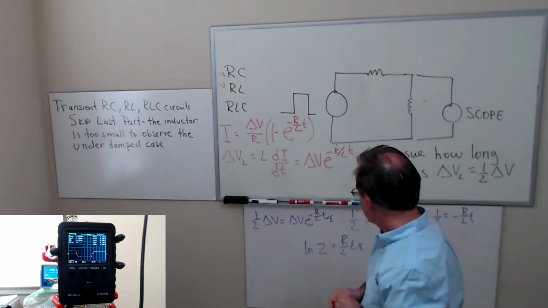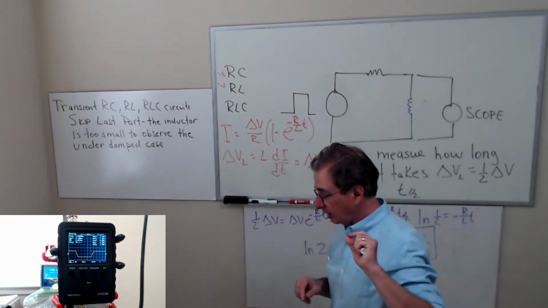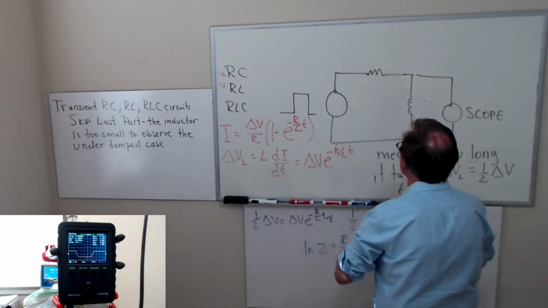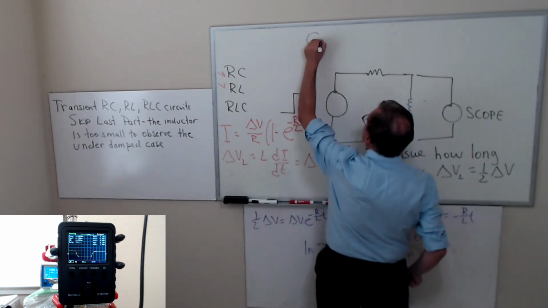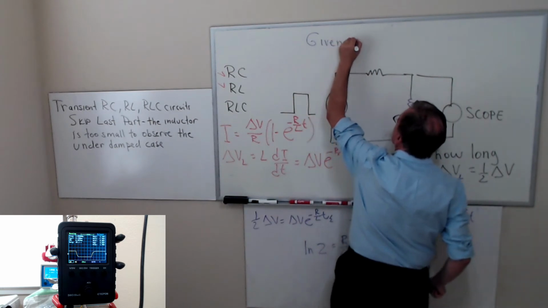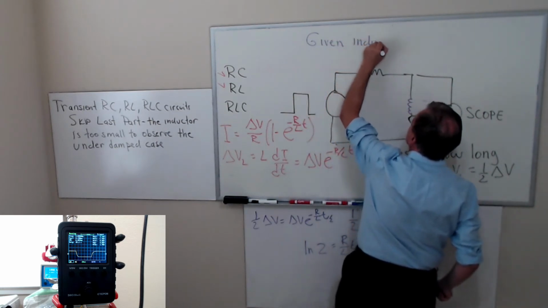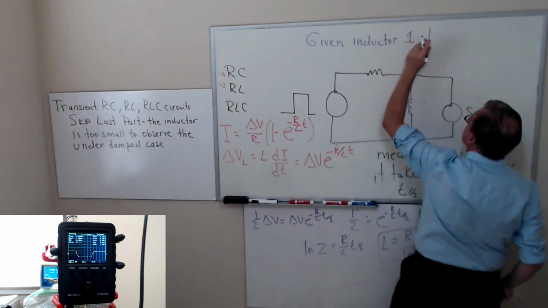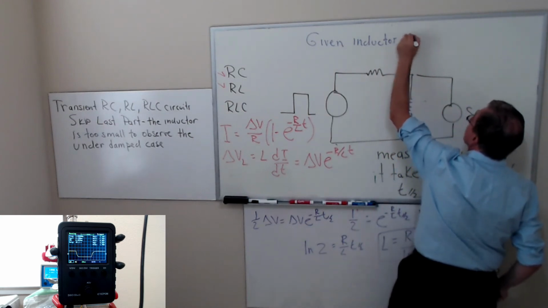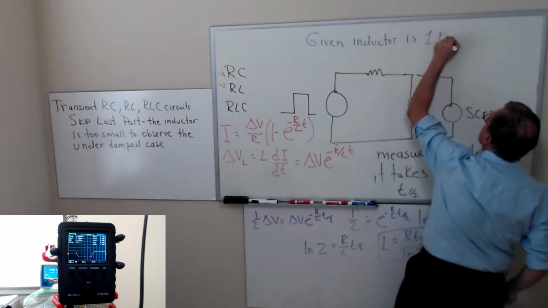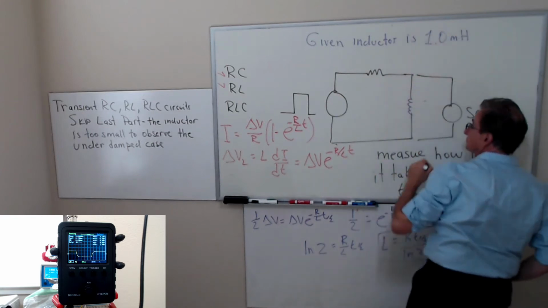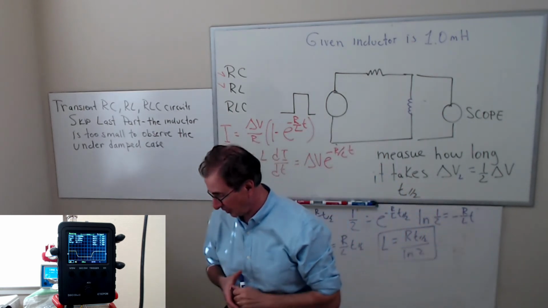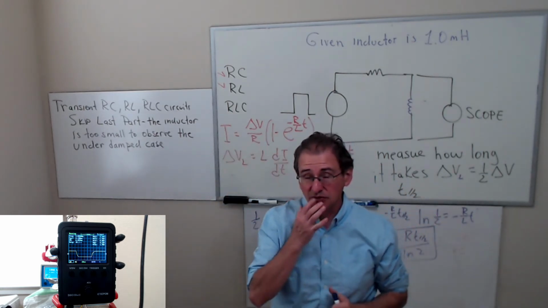Okay, so the inductor you're given is 1.0 millihenries. I wish it would have been 10 millihenries because then we could do part 3. But it's 1 millihenry.